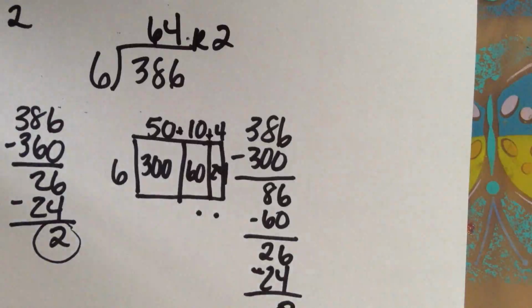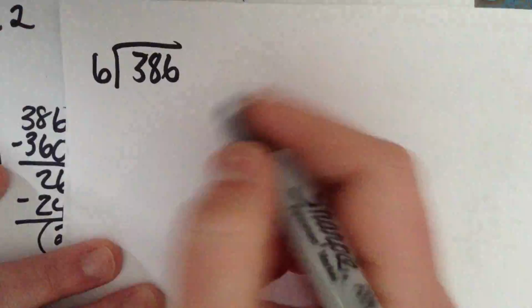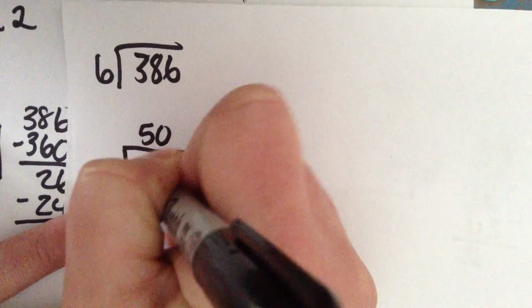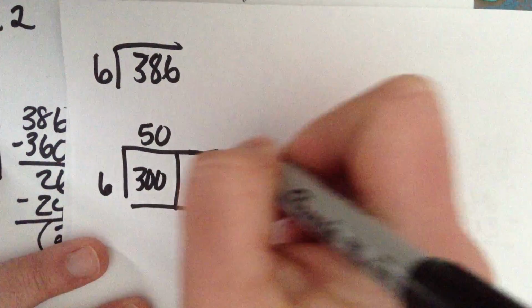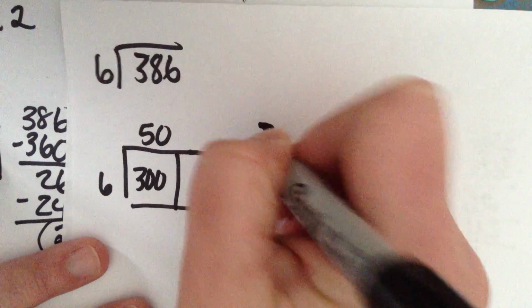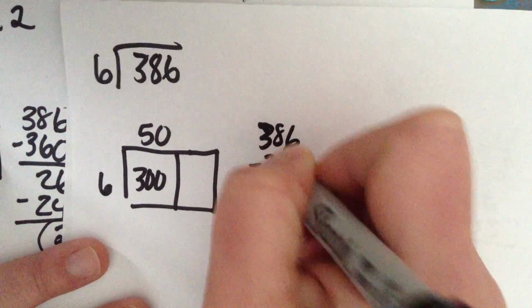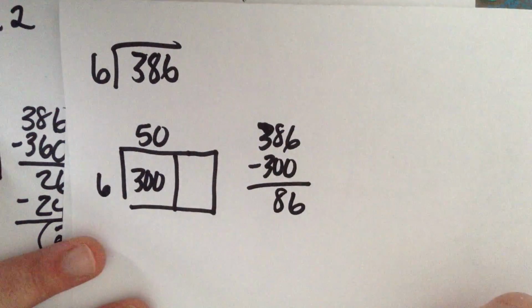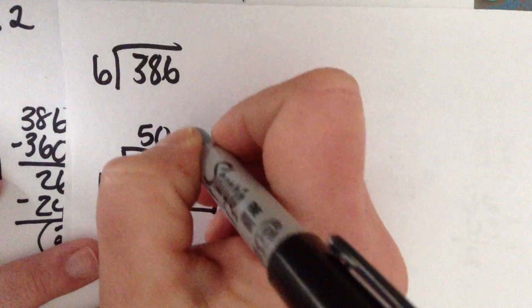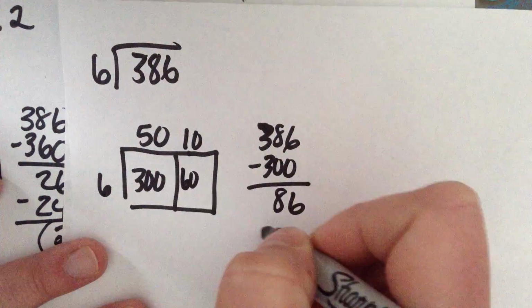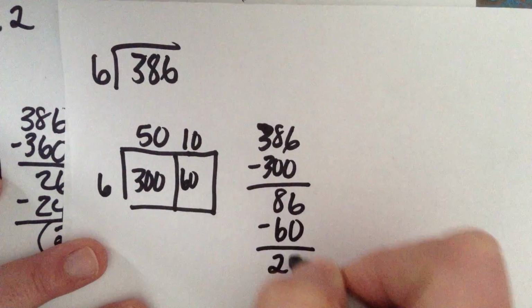Now again, you could even do it another way. You could do 386 divided by 6. So you could say 6 times 50 is 300 again. So you've got 386 minus 300. So you're left with 86. You could do 6 times 10, which is 60, and you've got 26 remaining.